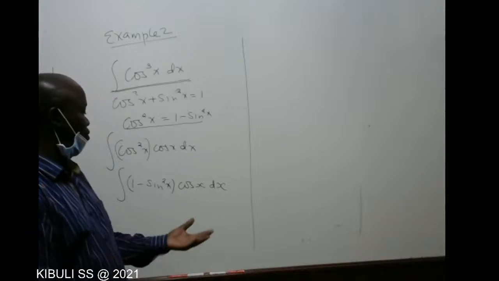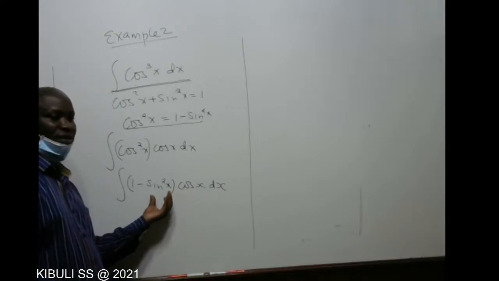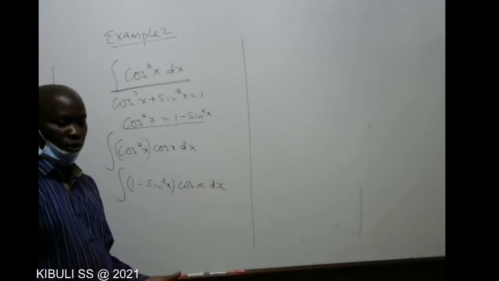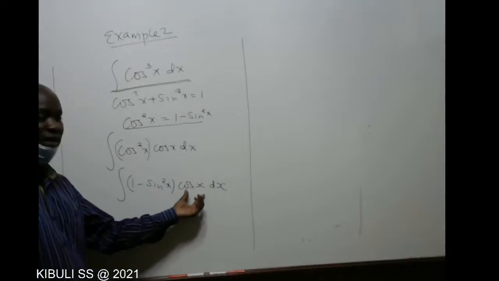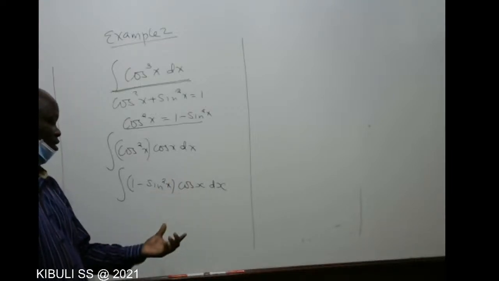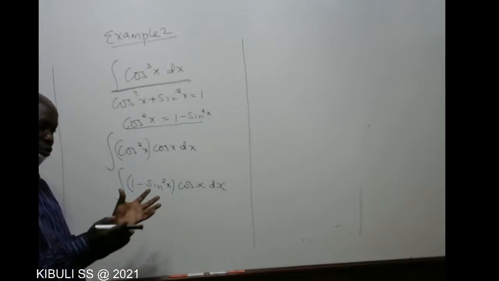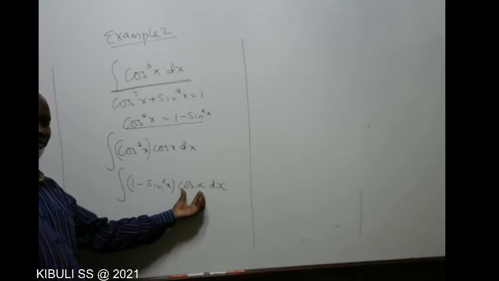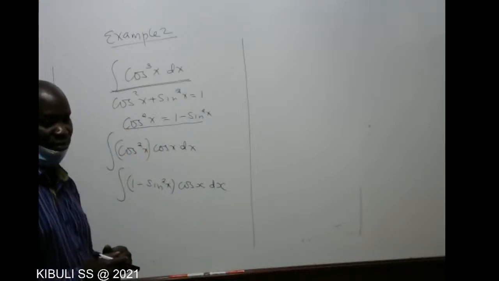So you cannot concentrate on the son and leave the father. The father has it all. If you want information, get it from the father, not the son. And therefore, after identifying that sin x is our function, we shall ignore the derivative and concentrate on the function, which is sin x.